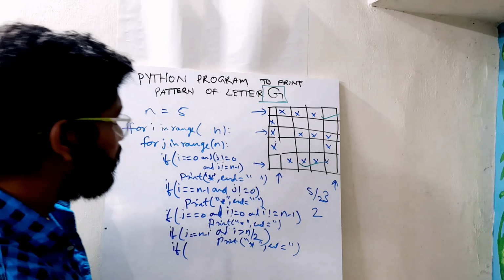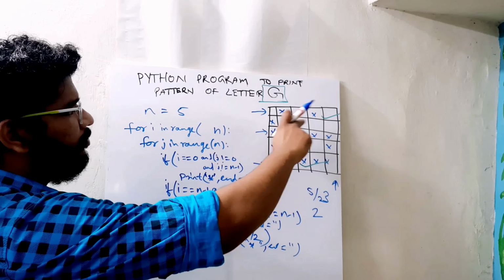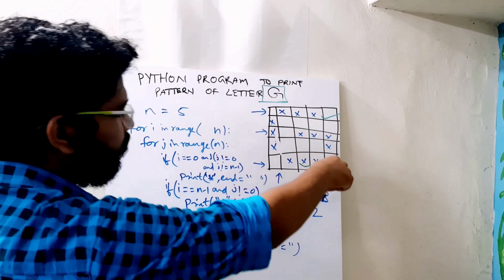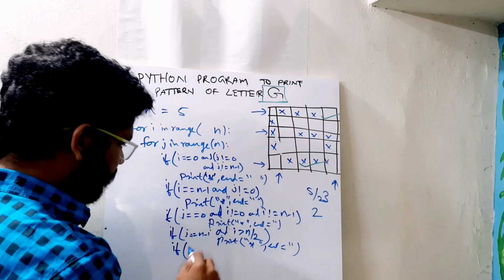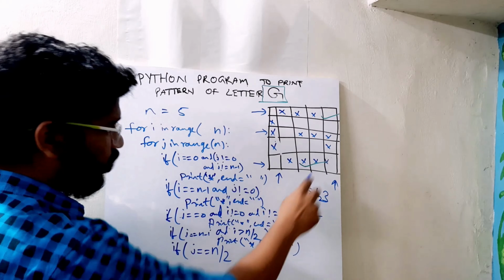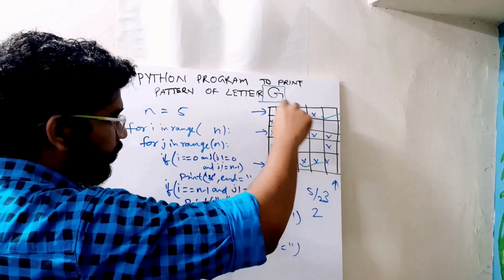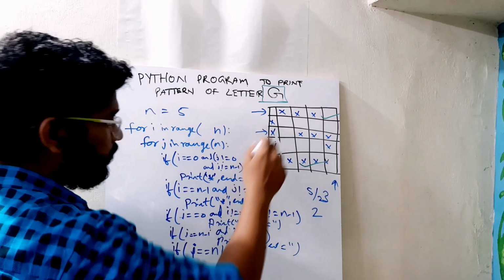The condition for printing this column is, as you see, exactly half or half plus 1. That is, 2 is half, and 2 plus 1 is 3. So for j equal to n by 2, similarly to what you have done for i equal to n by 2, this is the row.